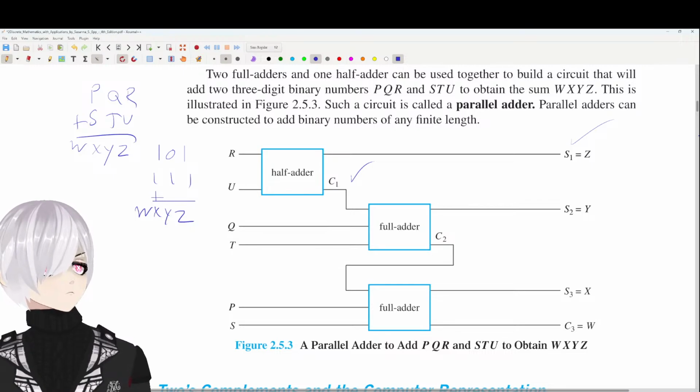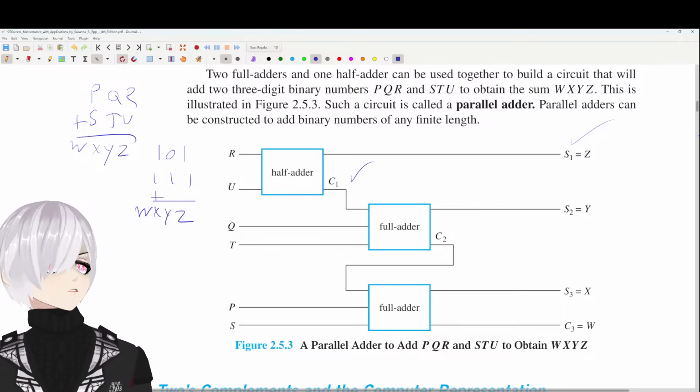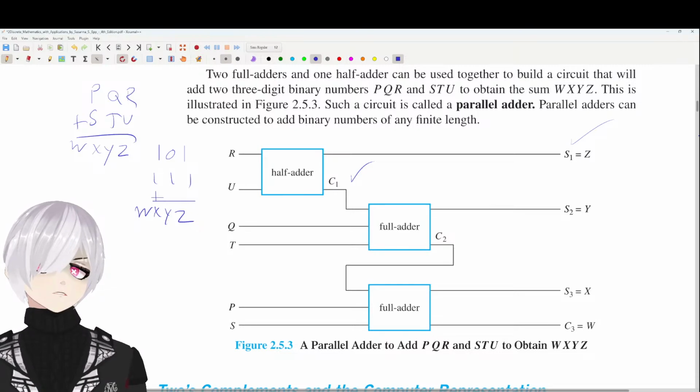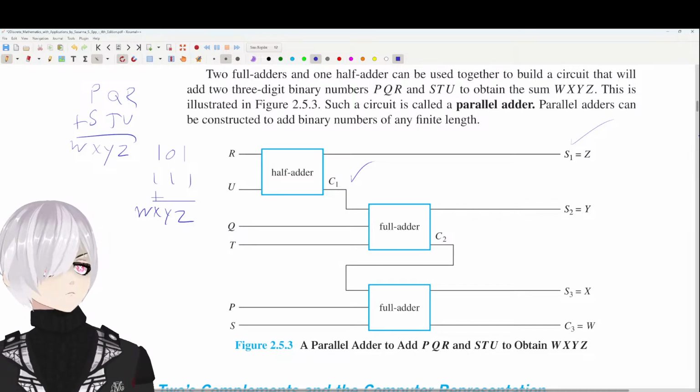So you then need to add the second column.